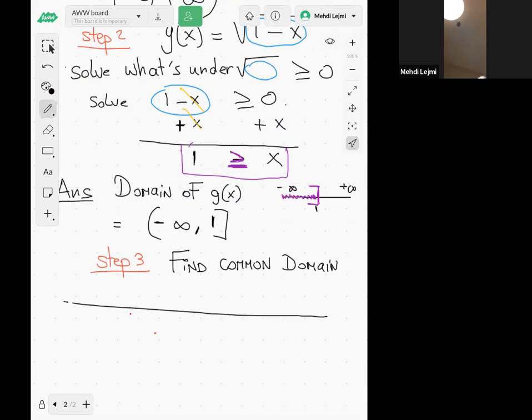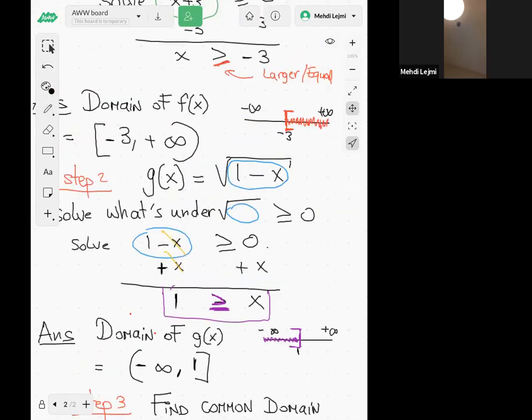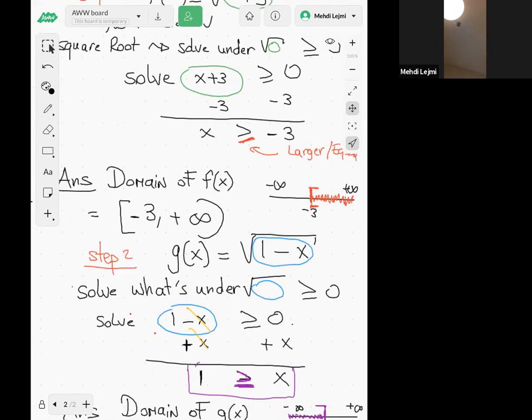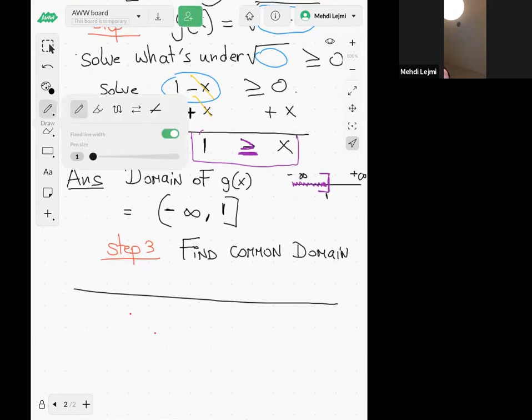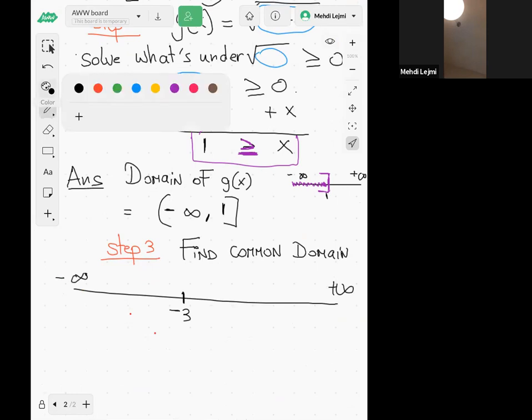For f, we said domain of f is negative 3, positive infinity. Oh, sorry, this is negative. So domain of f is negative 3, positive infinity, and negative 3 is included. This is f of x.